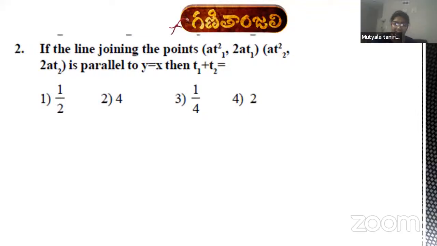So is the answer 2? Yeah, you tried. How did you do it? I just did at1 squared, at1 squared plus 1 equals at2 squared. y2 minus y1 by x2 minus x1, right?